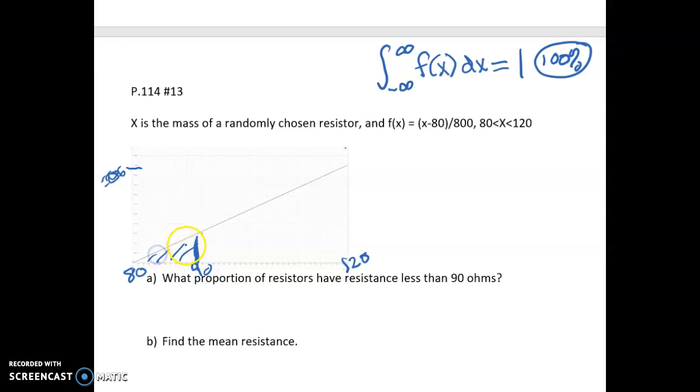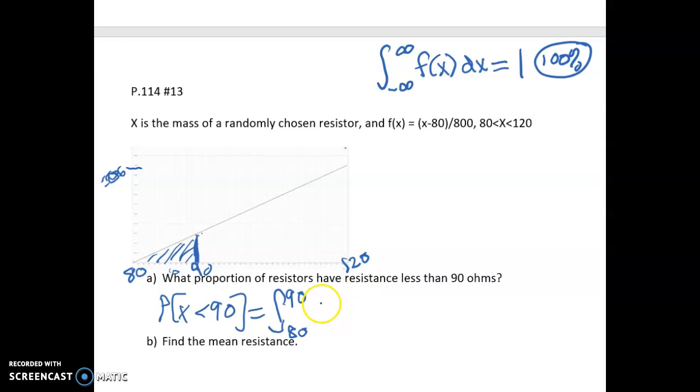By the way, you could use geometry to find that area if you knew this length is 10 and what this height was, a one-half base times height kind of thing, or you could use calculus. If x is less than 90, you just have to find the area under the curve. So our lowest value was 80, and we're integrating to 90 of f of x.